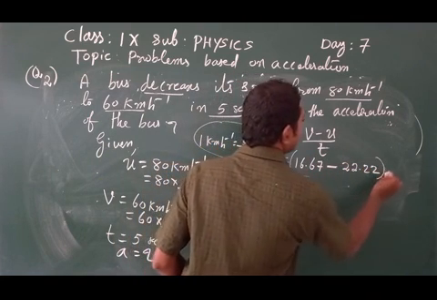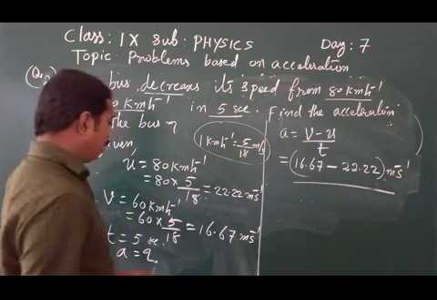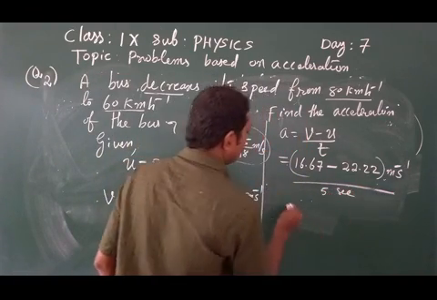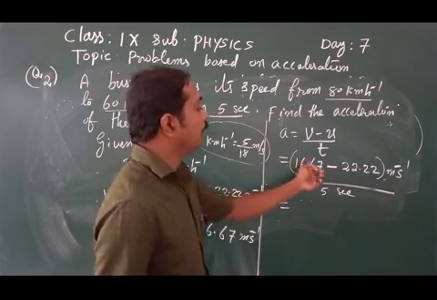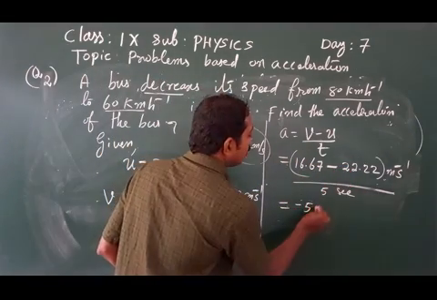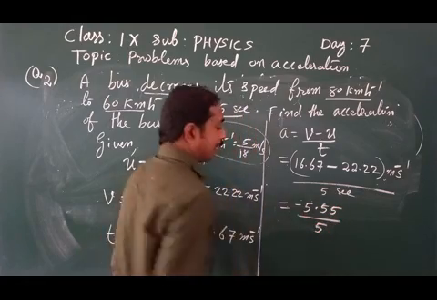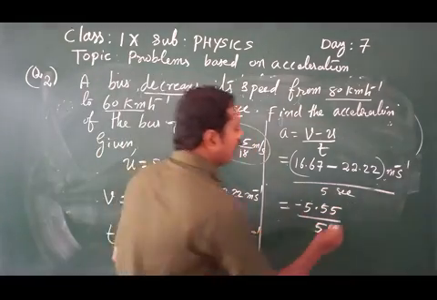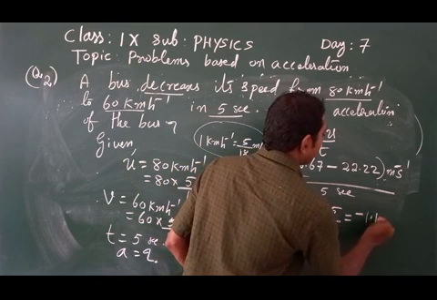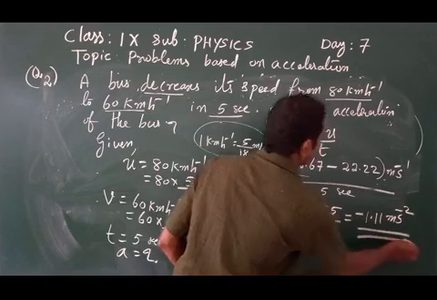Unit is common, so we can write meter per second, divided by 5 seconds. When we subtract, minus 5.55 divided by 5, and when we simplify we will get 1.11 meter second raised to minus 2.